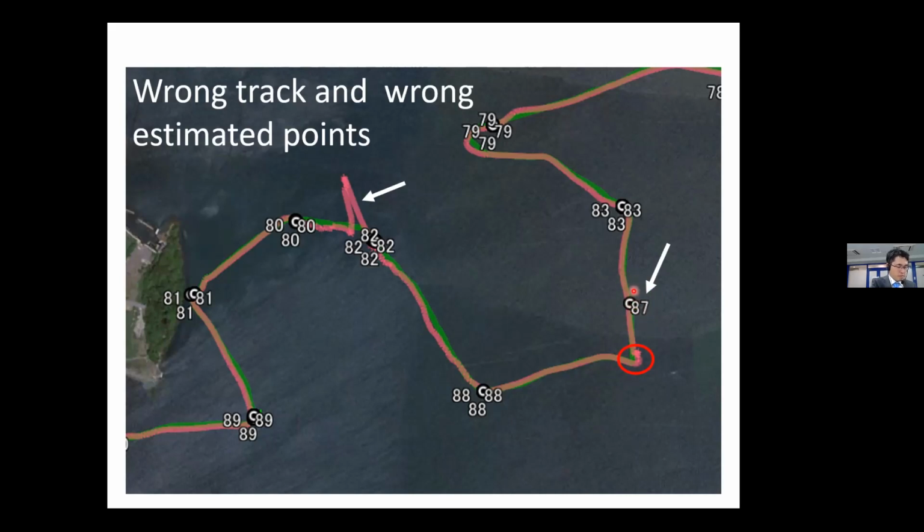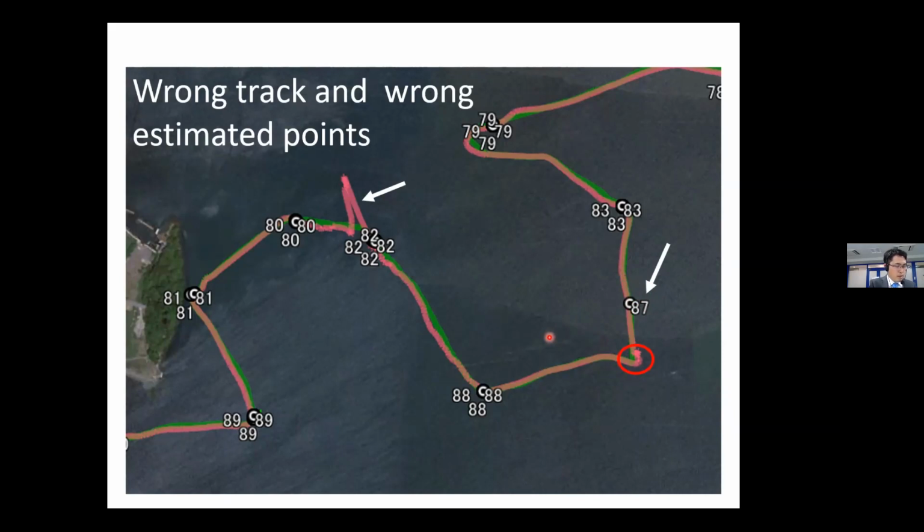It was misestimated. We have been processing the data without drawing, and sometimes wrong estimation happens. Please check this by drawing the whole picture and see what the cause is.